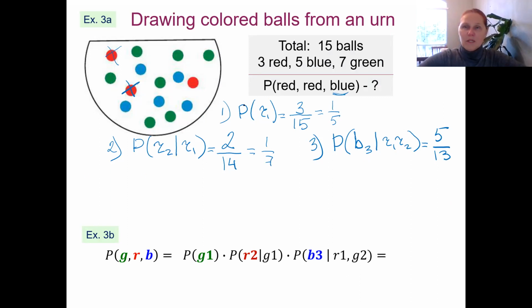These are probabilities of getting one ball from the given number of balls. And we want to know the probability of getting red, red, blue.